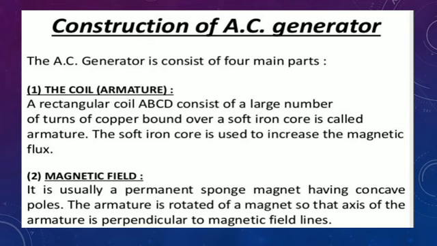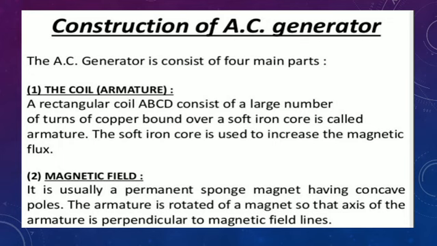The iron core is used to increase the magnetic flux. That's why they used copper.